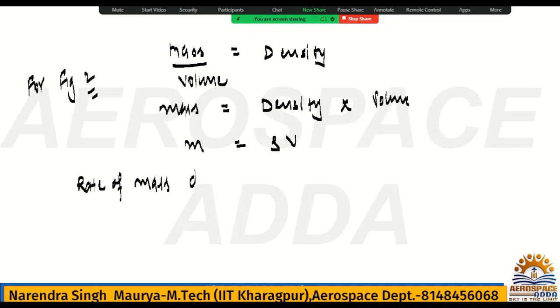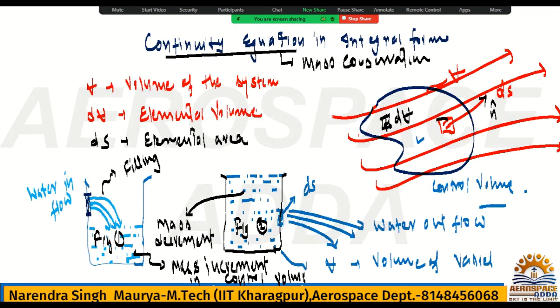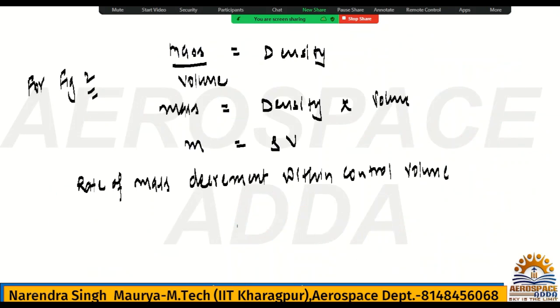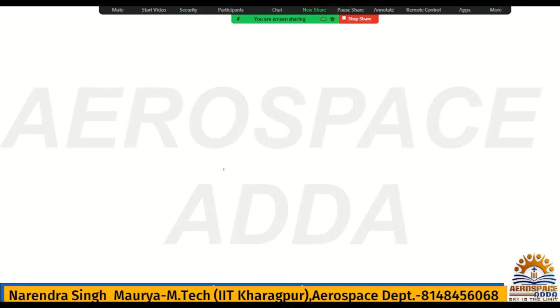Rate of mass decrement, okay, rate of mass decrement within control volume. Yes or no? That is what I have written: rate of mass decrement within control volume. In the second diagram, check, rate of mass decrement. Why?